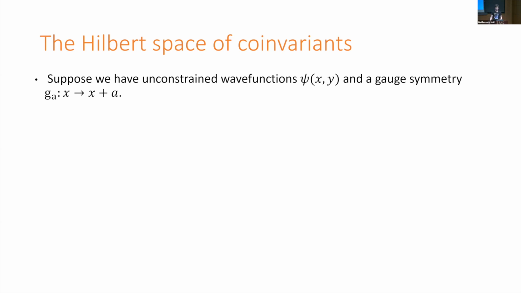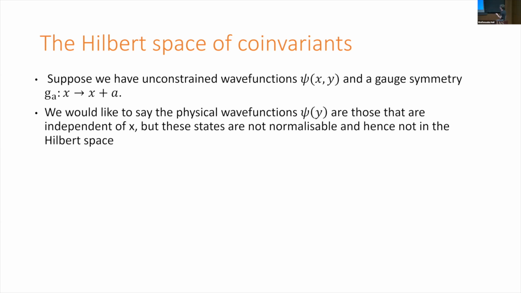As physicists, we'd like to say that the physical wave functions are functions on y that are constant in the x direction. But of course, these are not normalizable states, so they're not actually in the unconstrained Hilbert space. In fact, if we look for states invariant under translations, there aren't any, because they can't be normalizable in the x direction.